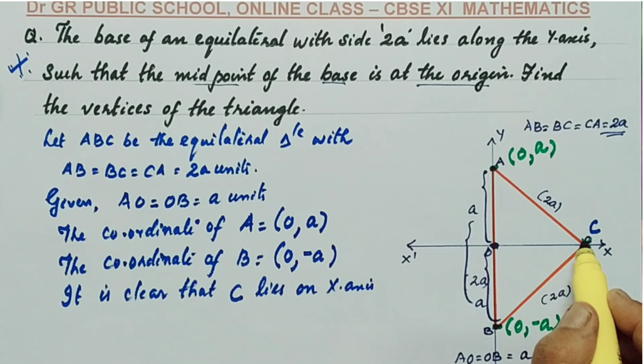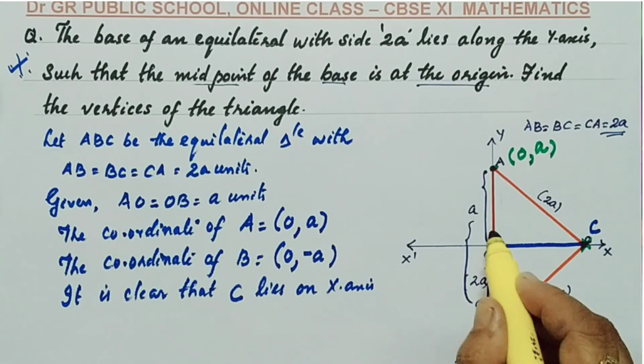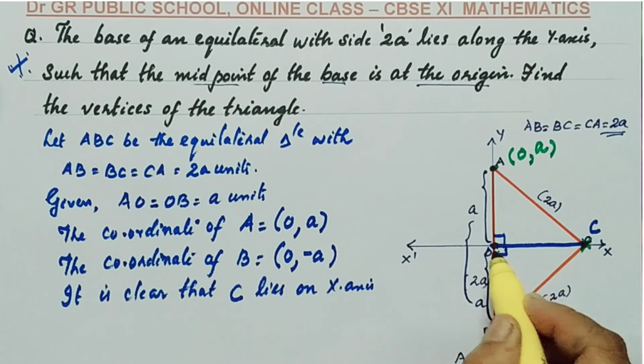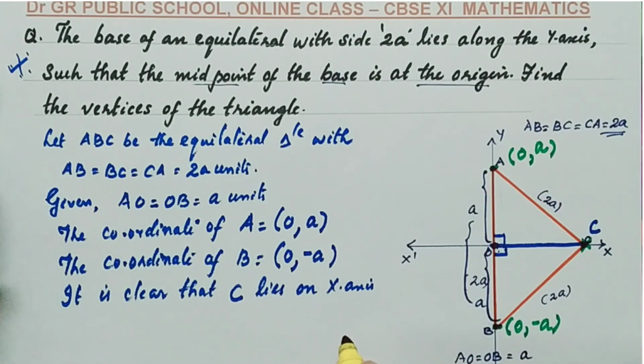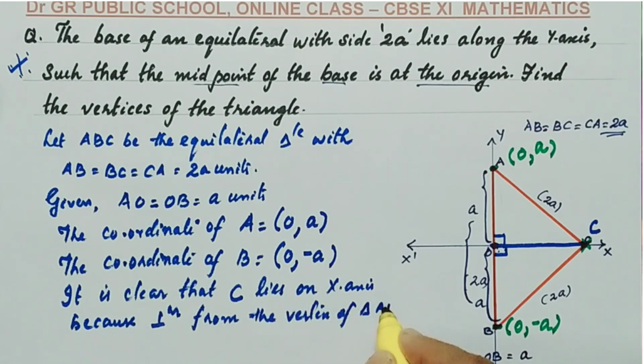Because we studied that in an equilateral triangle, the perpendicular from the vertex of triangle ABC bisects the opposite side.